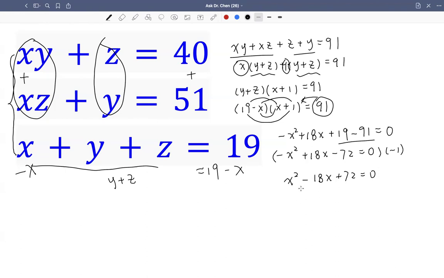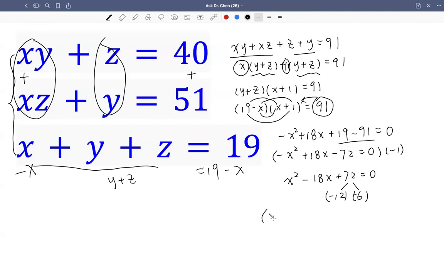So we want 2 numbers that add up to negative 18 but multiply to 72, right? 12 and 6. Because negative 12 plus negative 6 is negative 18, and negative 12 times negative 6 is indeed positive 72.